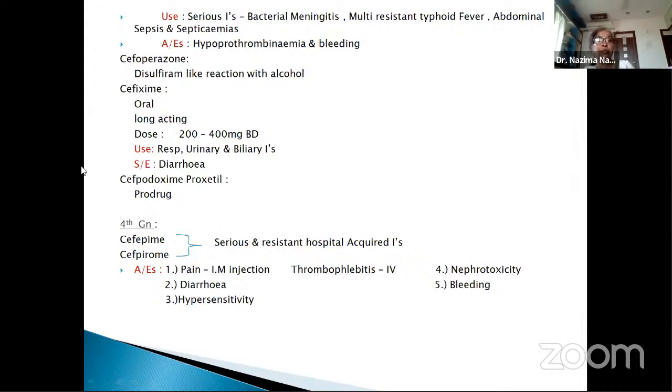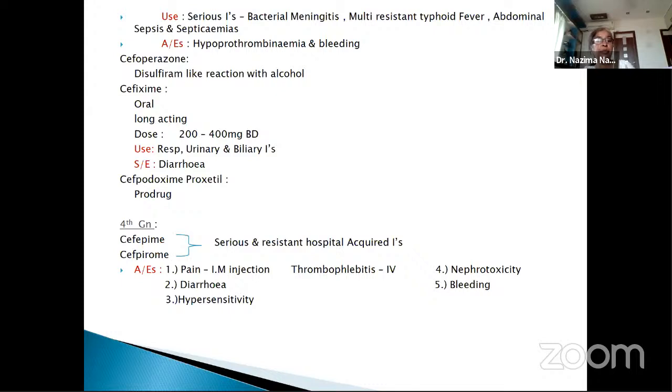The dosage is 200 to 400 milligrams BD, or twice a day, and it is used in multiple infections like respiratory tract infections, urinary tract infections, and biliary tract infections. With side effects, it causes diarrhea, which is very common with cefixime. Then coming to cefpodoxime proxetil, this drug is a prodrug, which is converted to cefpodoxime to become active.